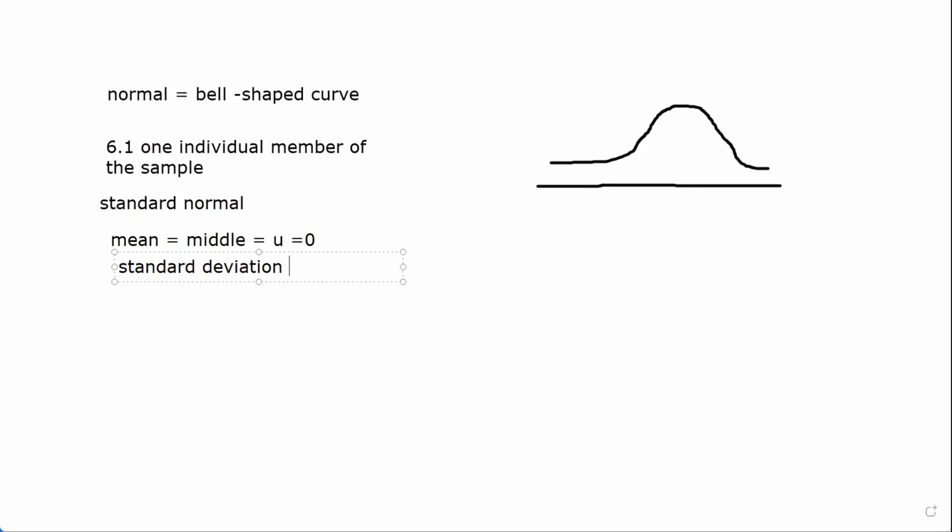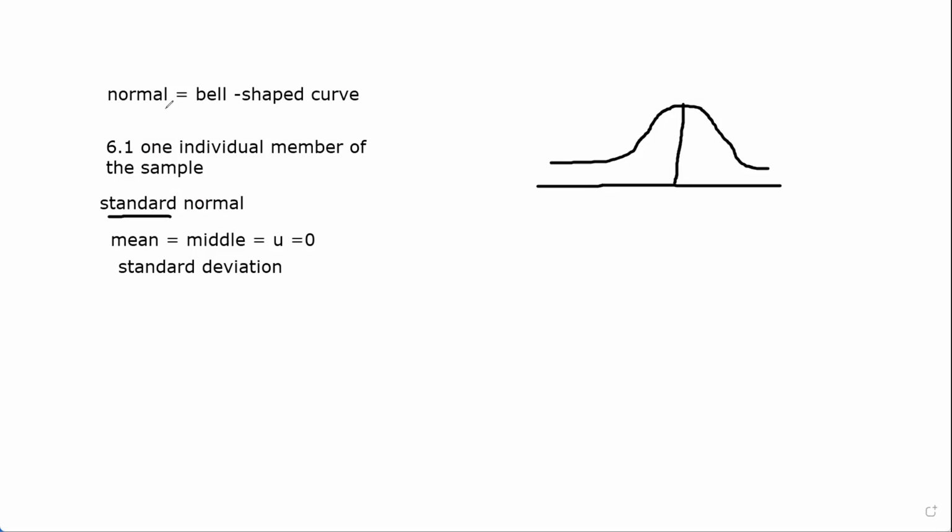When you say 0, you mean in the middle of the shape, right? Right. So in this case, if we're on the standard normal, because there's a difference between the standard normal and a normal curve. That was a good question. The standard normal is a special case of this bell-shaped curve.